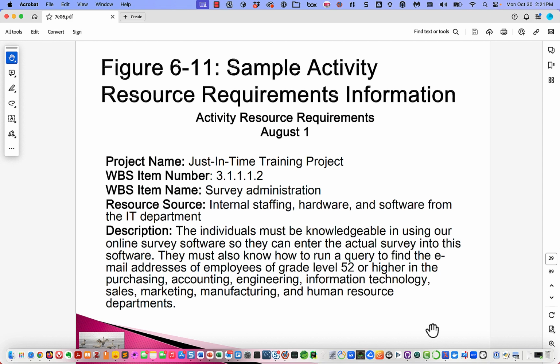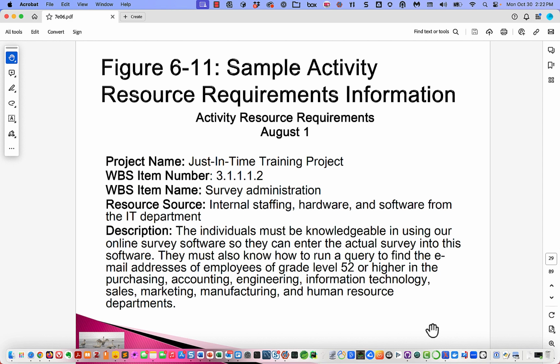So here we have a way to document activity resource requirements: survey administration, internal staffing, hardware and software from the IT department.